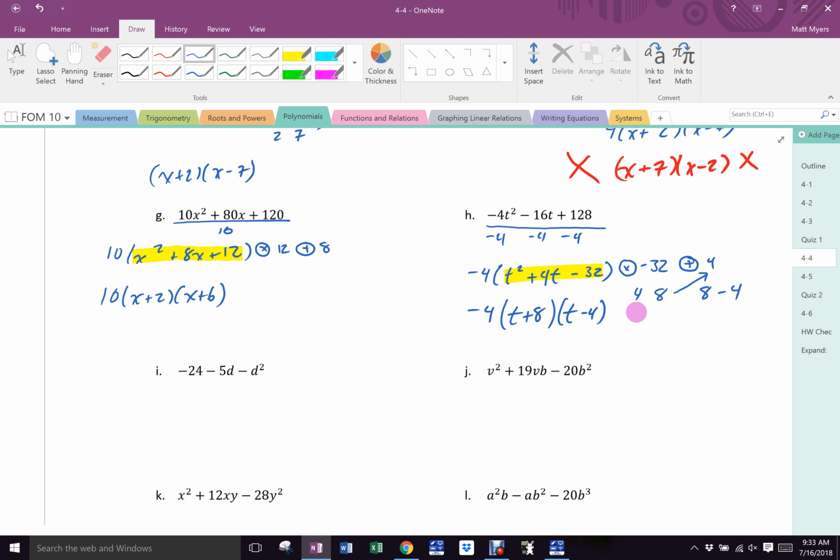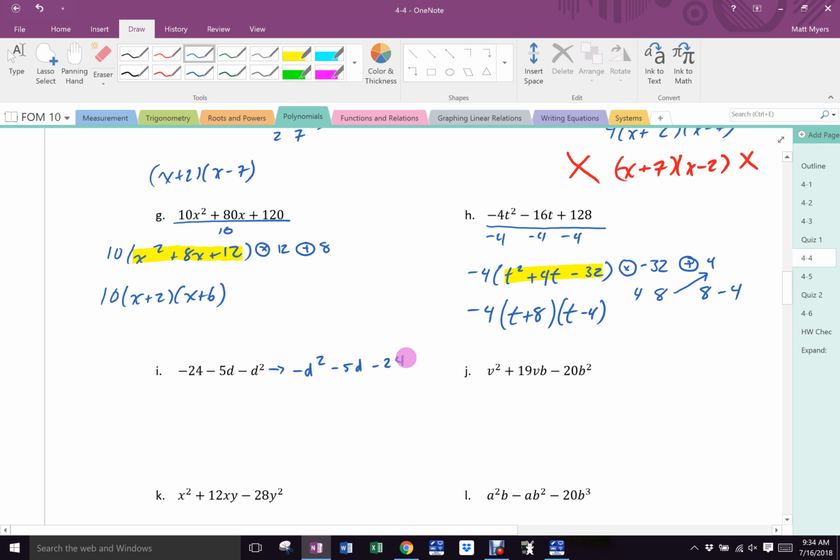What bothers you, Sophia? You don't like the order, do you? Can we change the order around? So if I were to change this order around to an order that I like, what would it be? We'd put the d first, wouldn't we? So this would become negative d squared minus 5d minus 24, correct?